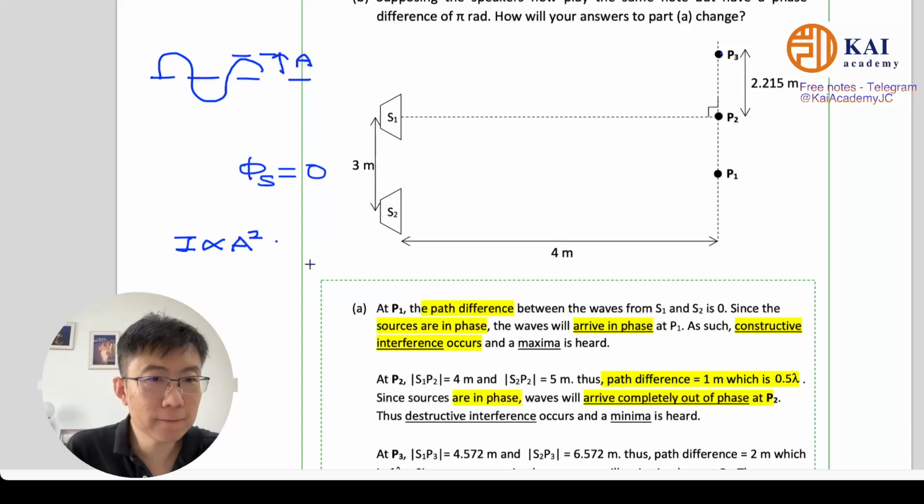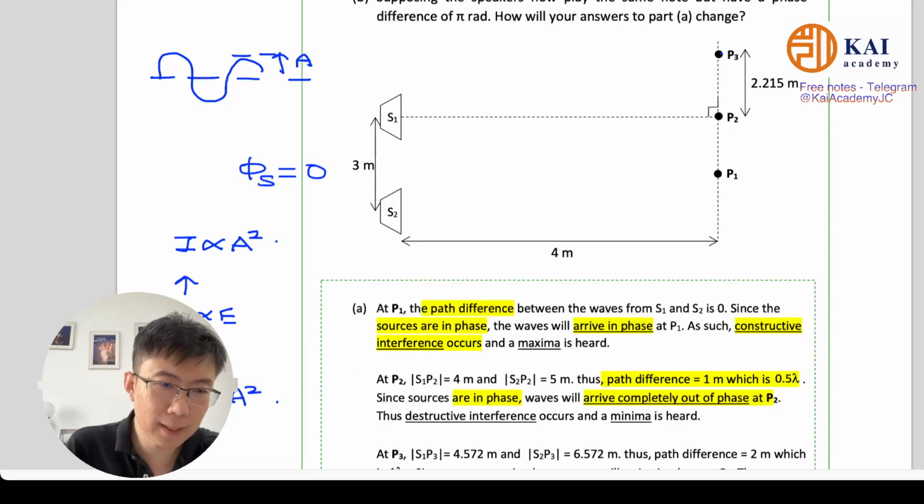The fundamental reason is that intensity is power over area, but power is proportional to the energy of the wave, and the energy of a wave is proportional to amplitude squared. So when we link them together, we conclude that the intensity is proportional to amplitude squared. Now supposing we have a wave traveling from S1 that has an amplitude of A.